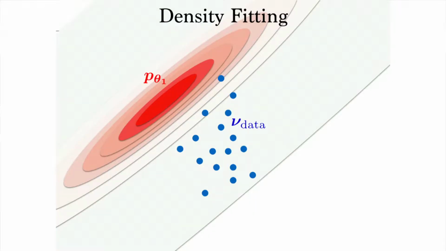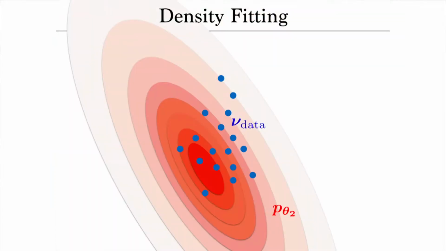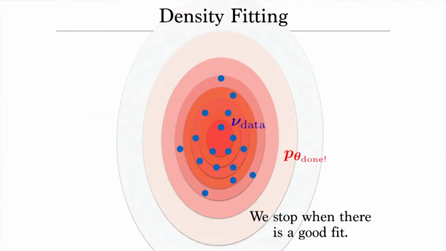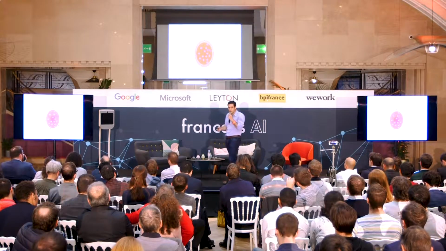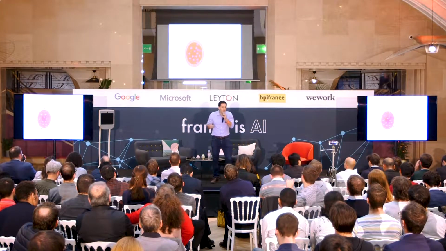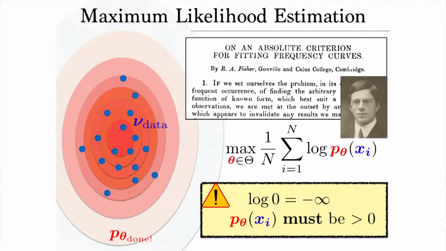In this very simple drawing, it's very intuitive. What you would like to see is that the red blob here, which is a contour level set of a density, kind of matches the points. Of course, if we want to play with this mathematically, we need a formula. And the formula has been known for many years; we've been using it for a century.